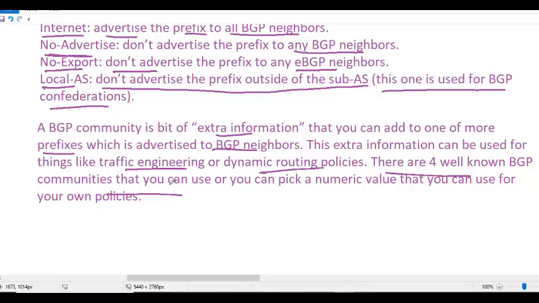We also have well-known communities. If you do not want to advertise, then you say no advertise. If you don't want to advertise to an eBGP neighbor, then you say no export. Any question?